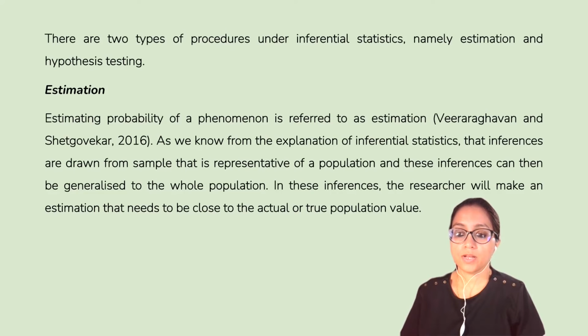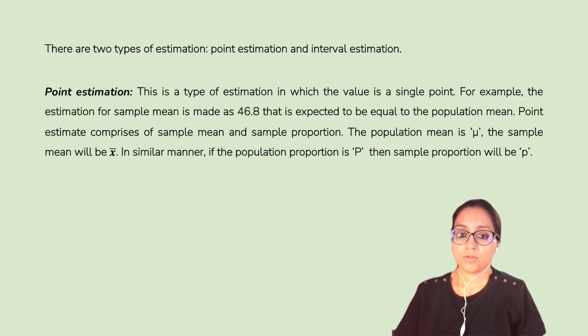Okay, so what you do here, you draw inferences from the sample, and that sample is the representative of the whole population, and then you draw inferences about the whole population. In these inferences, the researcher will make an estimation that needs to be close to the actual or true population value. Okay, so whatever estimate you will get, that should be close to the actual or true population value. So this is about estimation. So there are basically two types of estimation, point estimation and interval estimation.